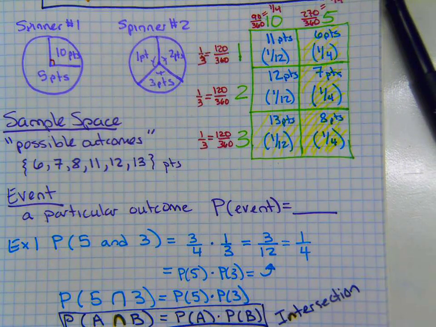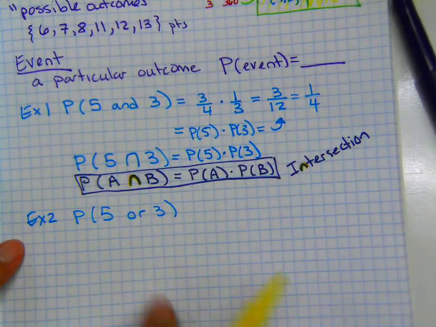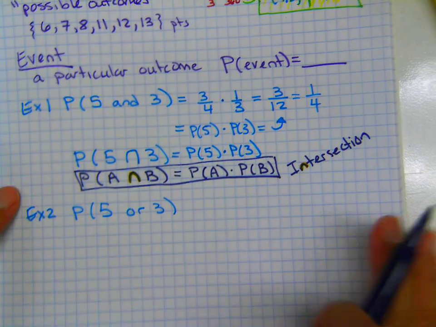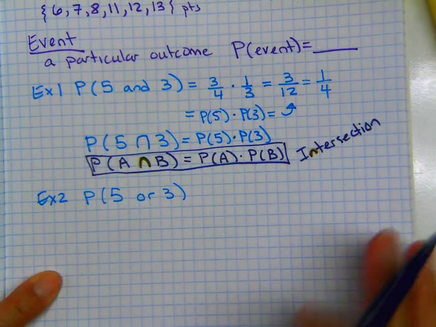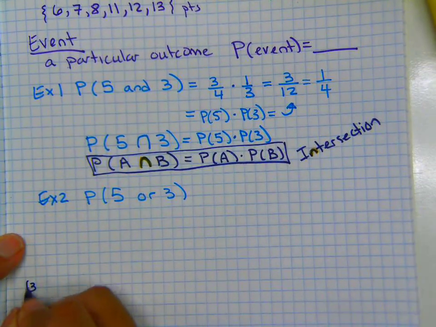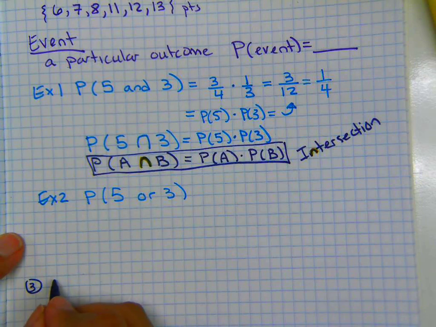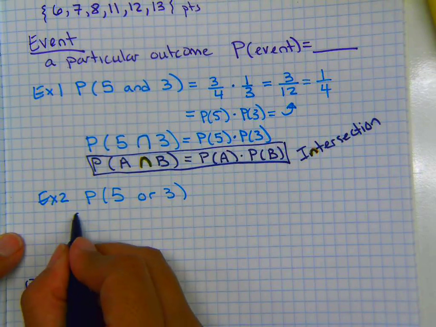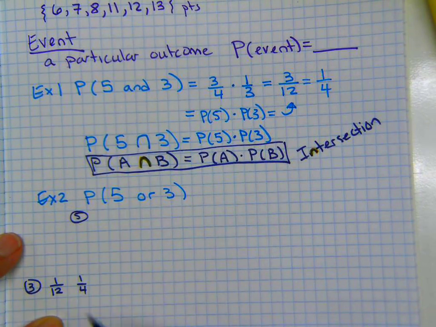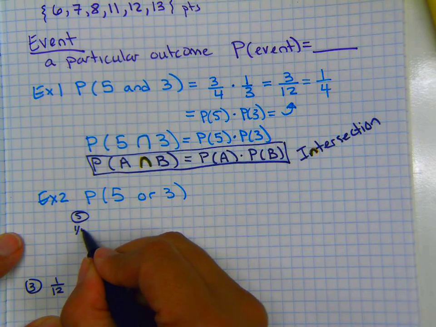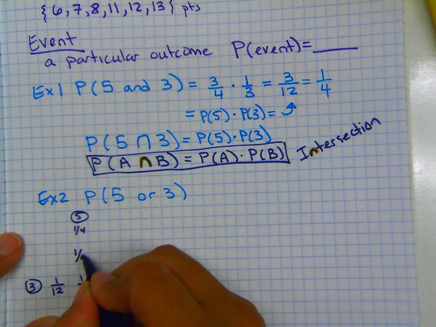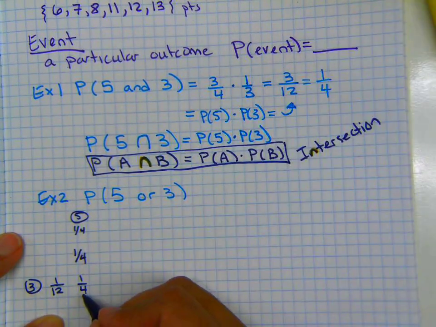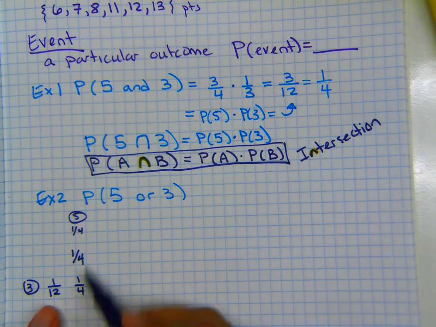So I'm going to redraw that so you can see it while I write it. For the 3s, I had 1/12 and 1/4 as my probabilities. For my 5s, I had 1/4, 1/4, and then that 1/4 again on the bottom. So it's all of these sitting right here, right?